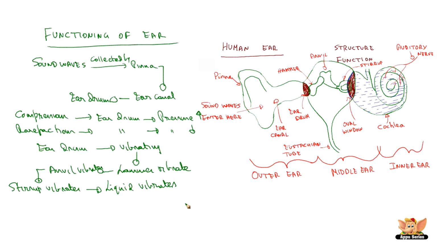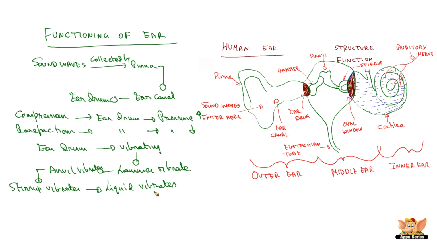Once the liquid starts vibrating, it sets electrical impulses in the nerve cells, because the liquid contains the nerve cells. Once there is a force, the nerve cell is electrified. So this sets the electrical impulses.